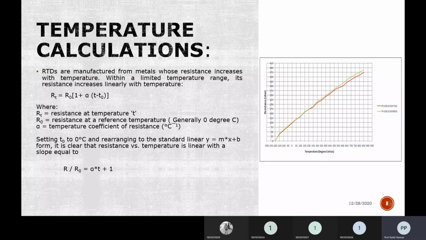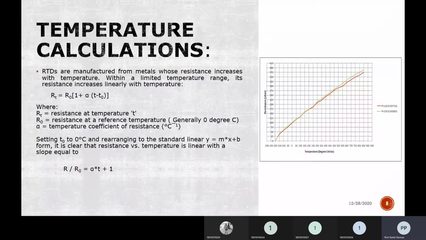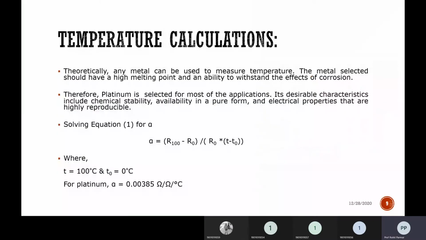There is a slight variation in that equation, and over here is the temperature coefficient of resistance, whose derivation is provided. The base equation is shown over here, where they have considered t is equal to 100 and t0 is equal to 0 degree.